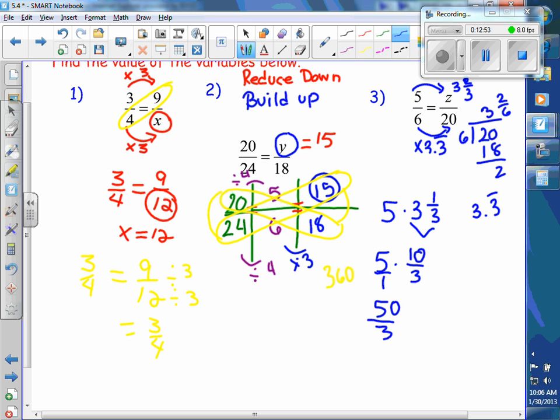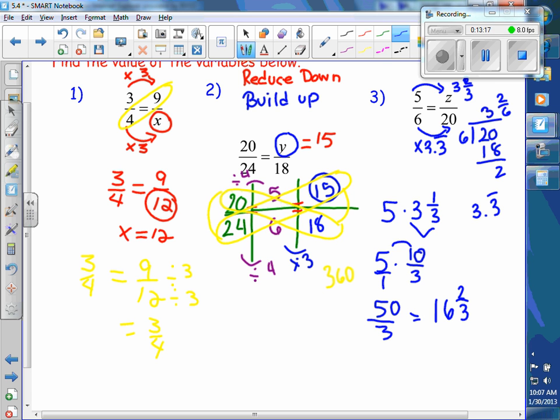Right, it's 50 over 1, you're right. And so that's, how many times does 3 go into 50? Yeah, Johnny. 16 and 2/3. Okay? So that's really what's working.